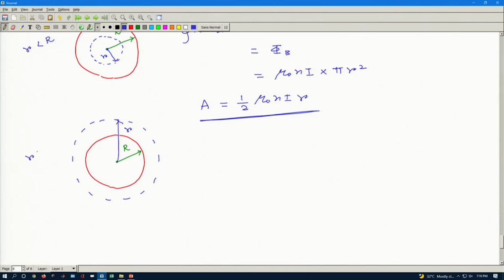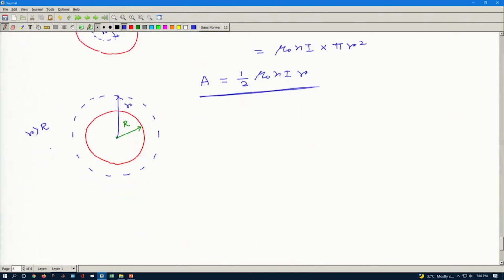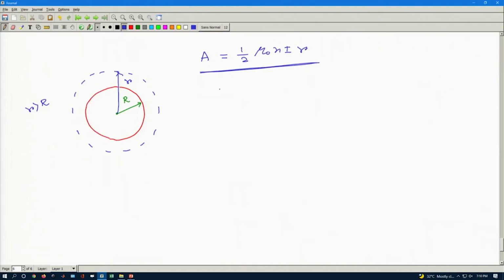In this case r is greater than R. Now, again we are going to calculate this quantity A dot dl. That value is simply A 2 pi r, and this quantity is equal to phi B, the magnetic flux.